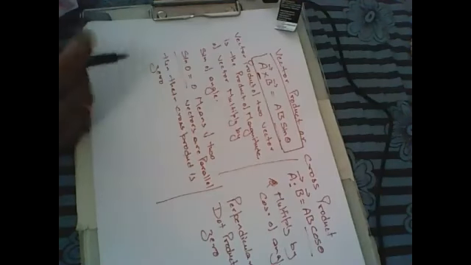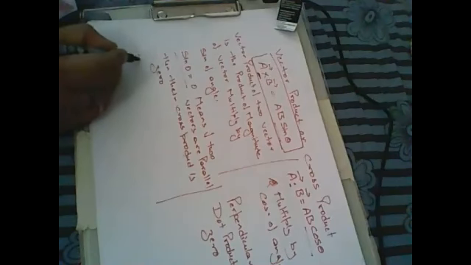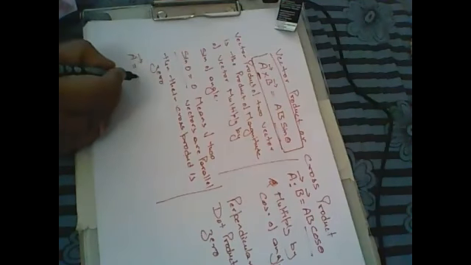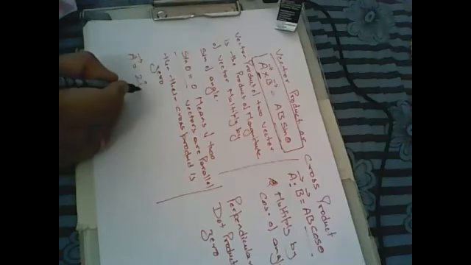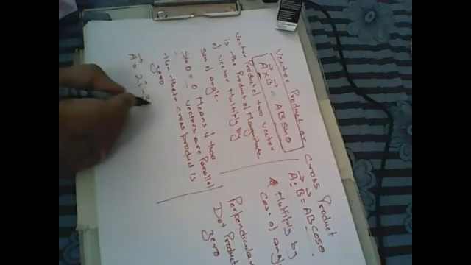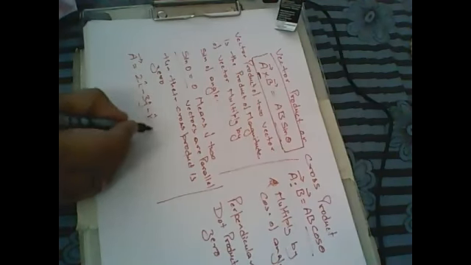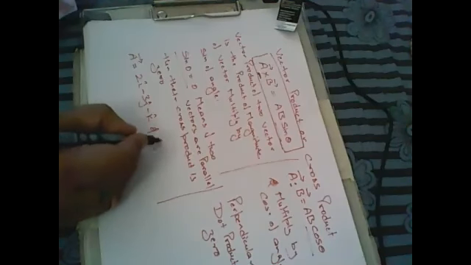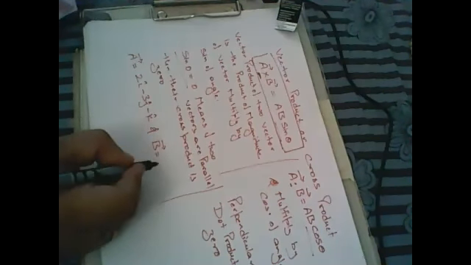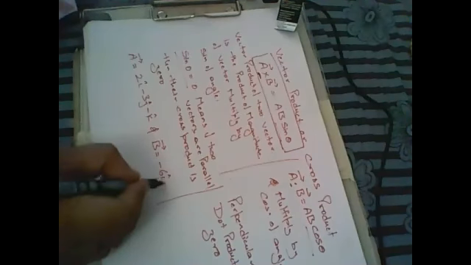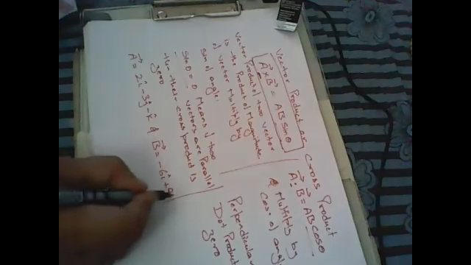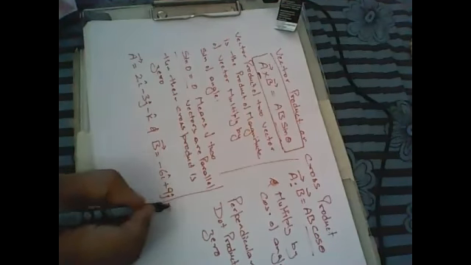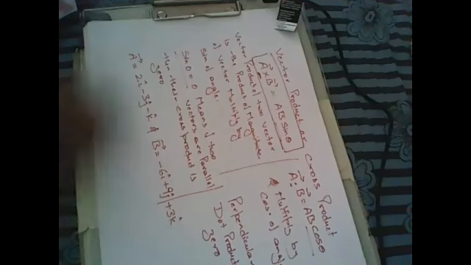Let's start with some numericals. Consider A vector is 2i cap minus 3j cap minus k cap and B vector is minus 6i cap plus 9j cap plus 3k cap.